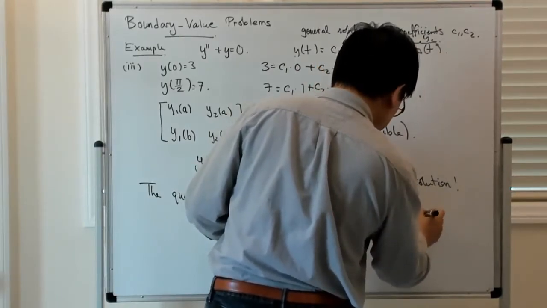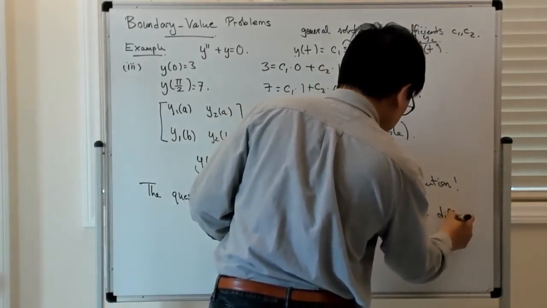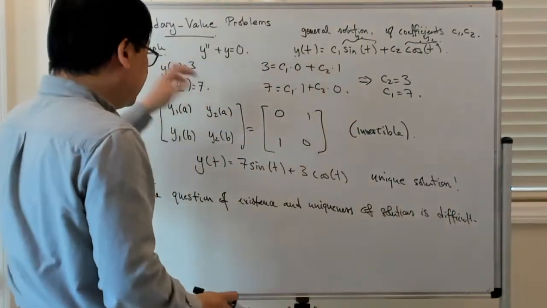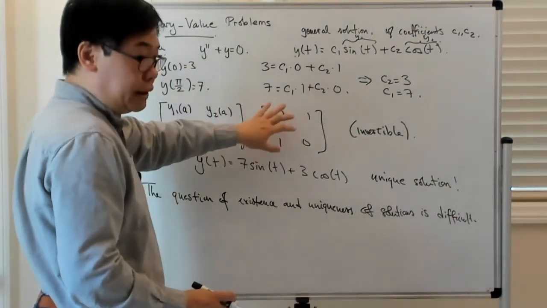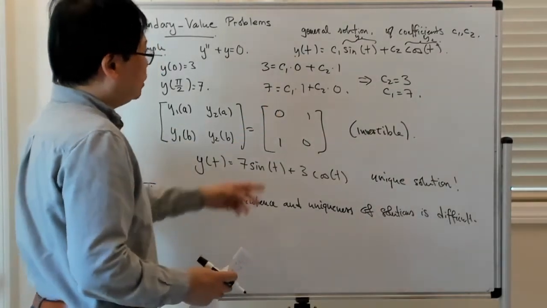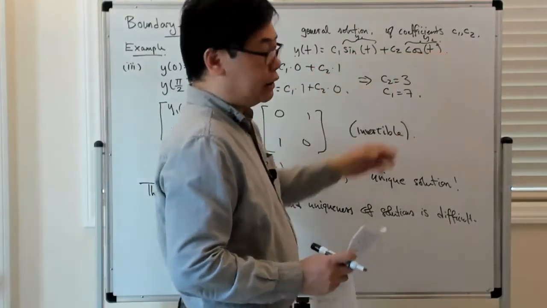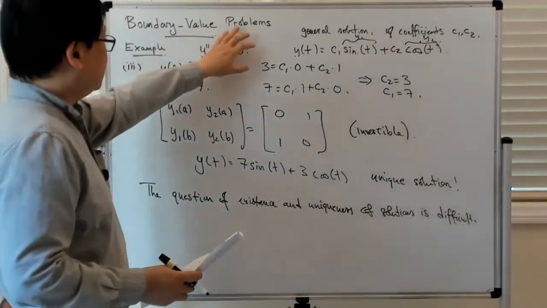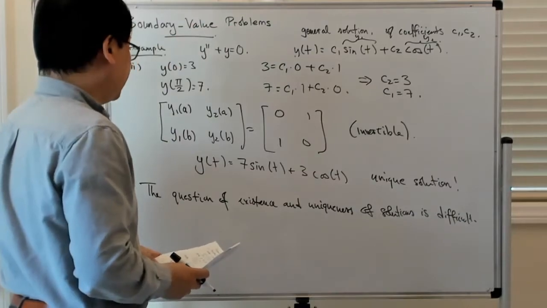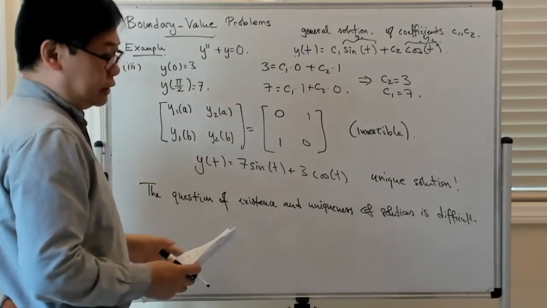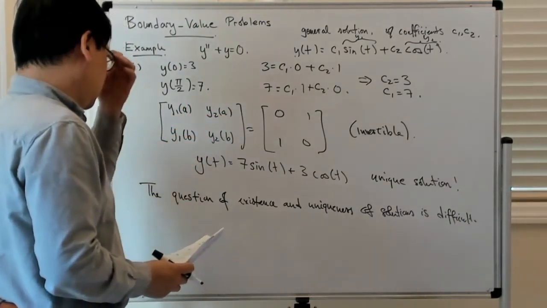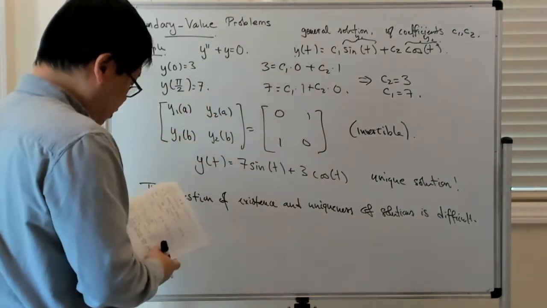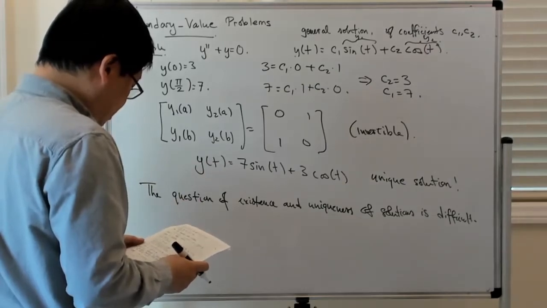It's difficult, because the analysis we did here relies on you actually knowing what the general solution looks like. That's not always easy to do, depending on what the differential equation is. So knowing whether you have a combination of boundary conditions which is uniquely solvable is hard in general.